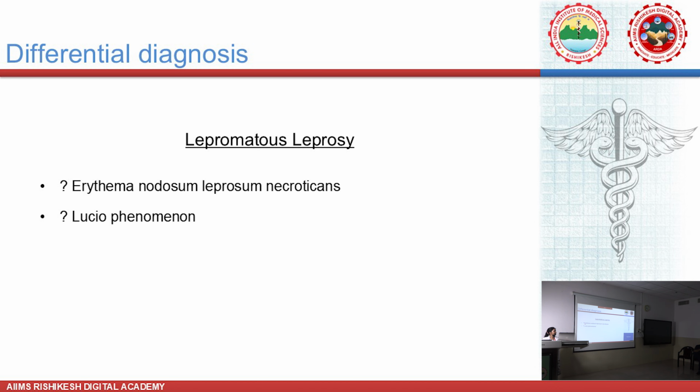With the clinical presentation along with the examination findings, there are three cardinal signs of leprosy. One is the hypopigmented or hypoaesthetic, that is anesthetic patch, along with nerve thickening or neuritis, and the third is slit skin smear positivity. If either of them is present, we go towards leprosy only.